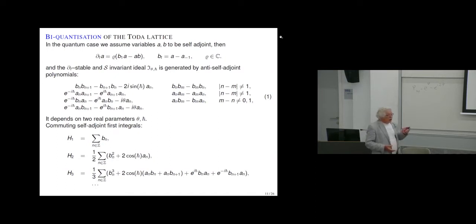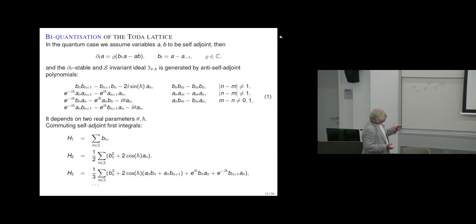If you set h equal to 0 and theta equal to 1, that will be just the commutative case, because everything commutes. You have two parameters, theta and h, and at every point of the h and theta plane you have an ideal, so you have an algebra at every point. Then you can consider that as the commutation relations for your system.